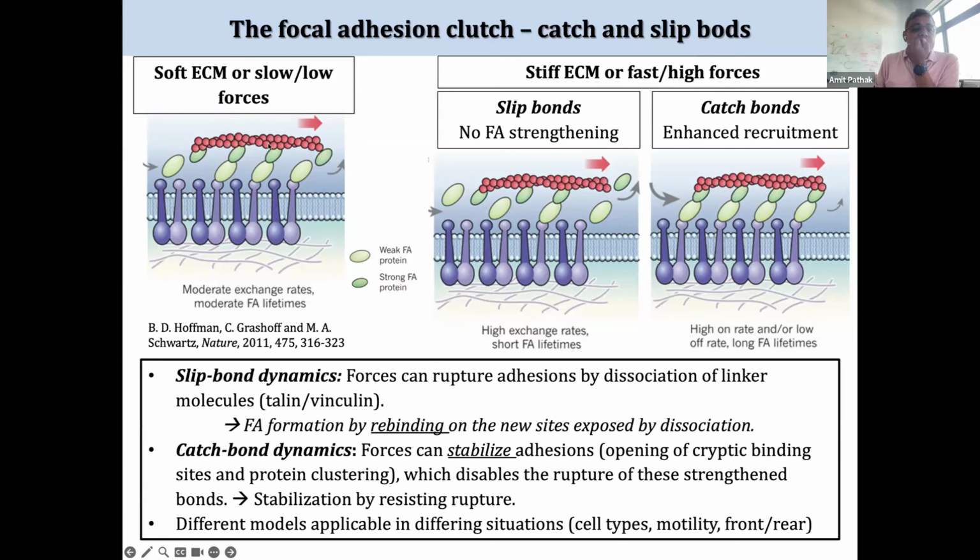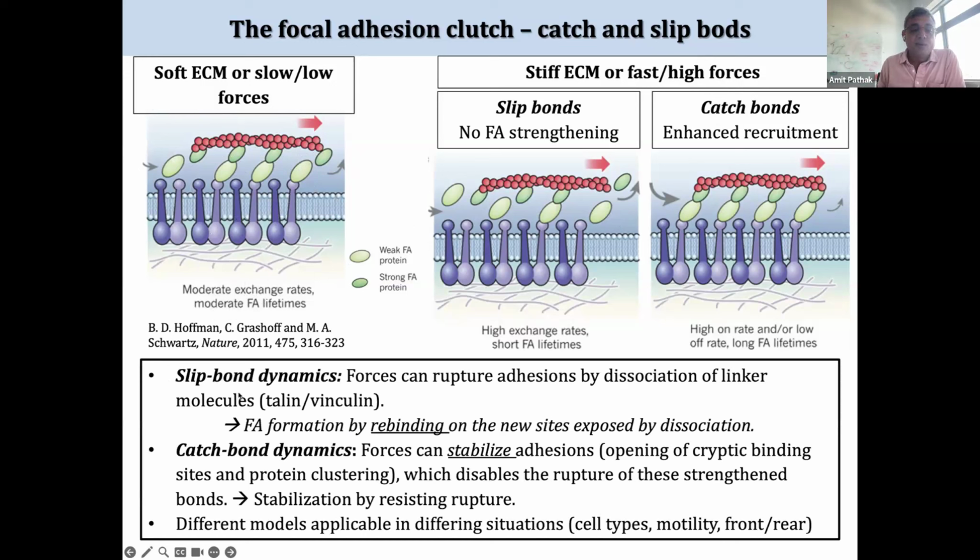On the left, if there is a soft ECM or the force generation is low or slow, meaning cells are slowly migrating, which can happen on soft ECMs, then the actin fibers are moving fast and the focal adhesion lifetimes are small.